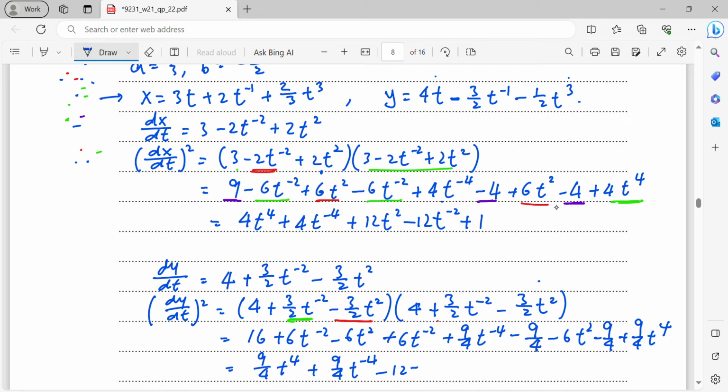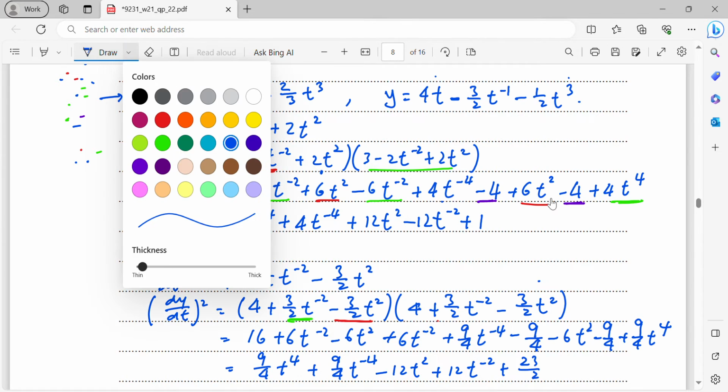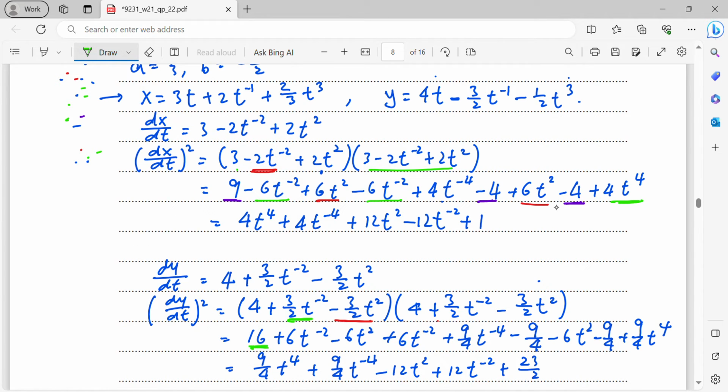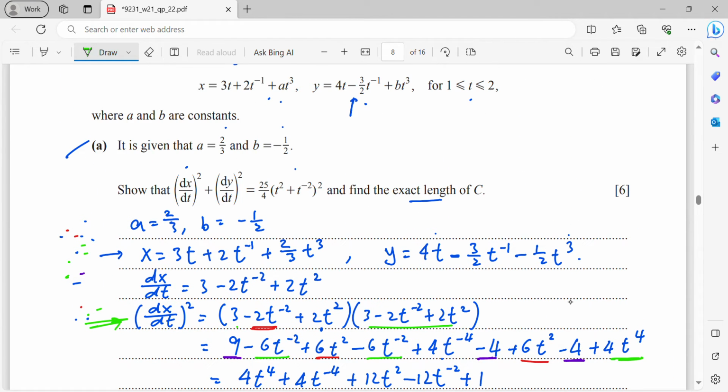Then minus 12t squared plus 12t power negative 2 plus 23 over 2. Okay, so 23 over 2 is 16 minus 9 over 4 minus 9 over 4. So now we have found these two expressions, square of the dx dt and dy dt. Therefore now you need to get the sum and show this form.